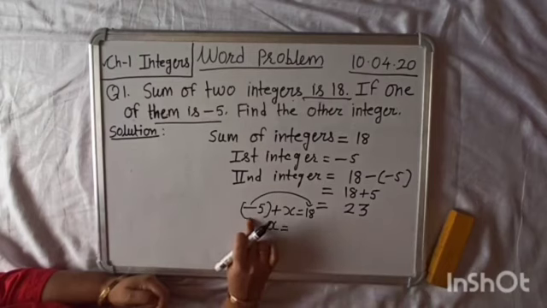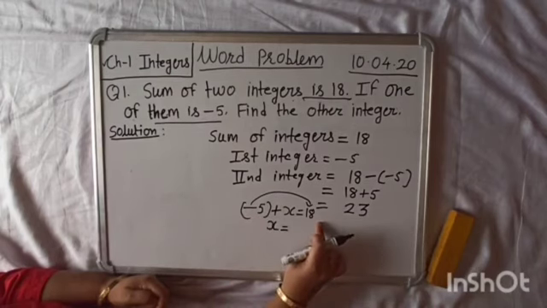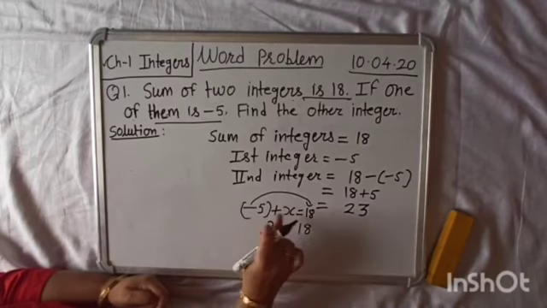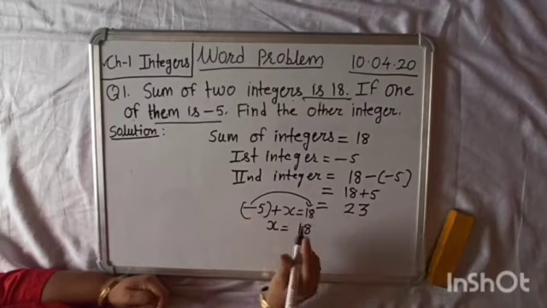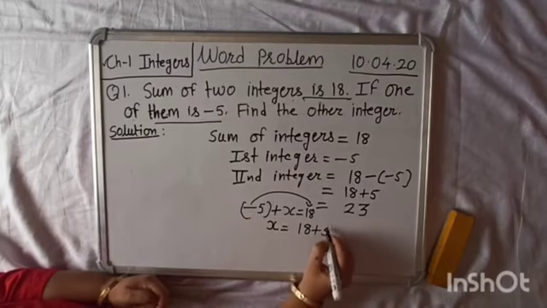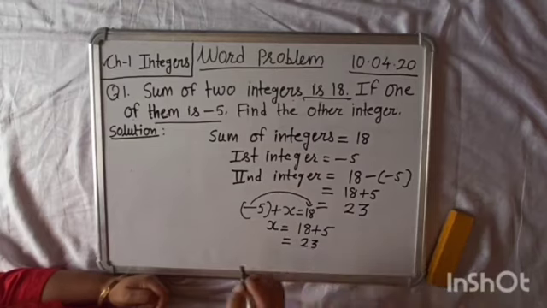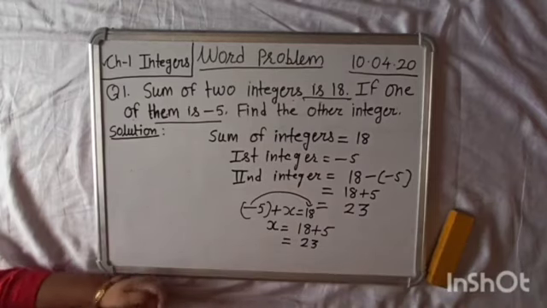So you will shift minus 5 to the right hand side. When you shift it from the left side to the right hand side, its sign will be changed. That is plus 5. So 18 plus 5 will be 23.